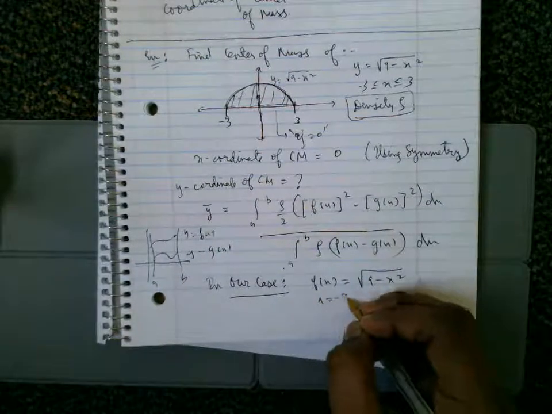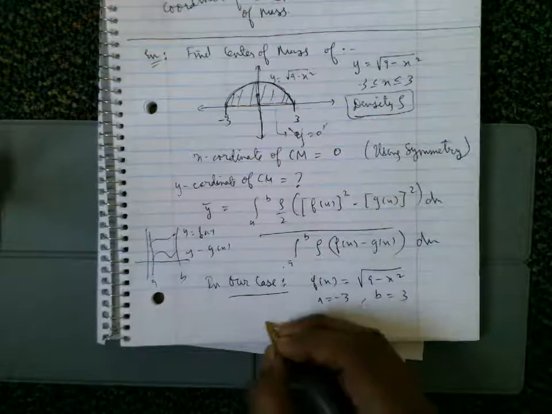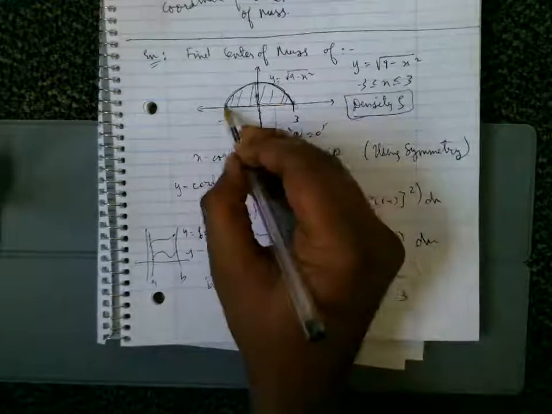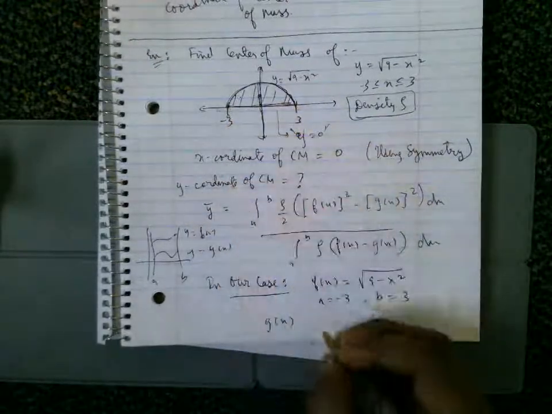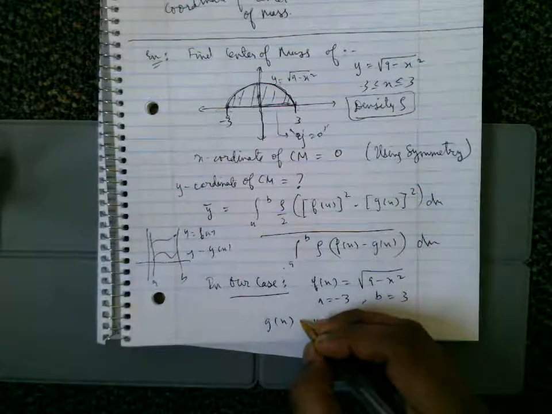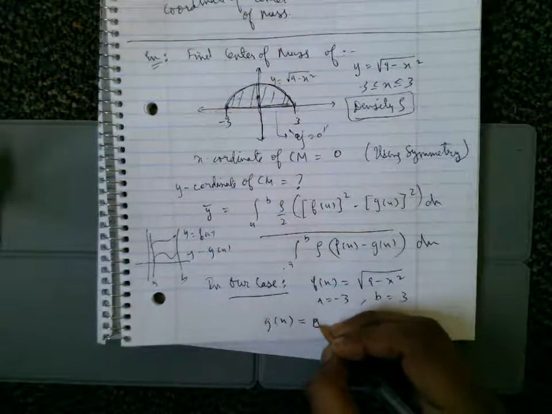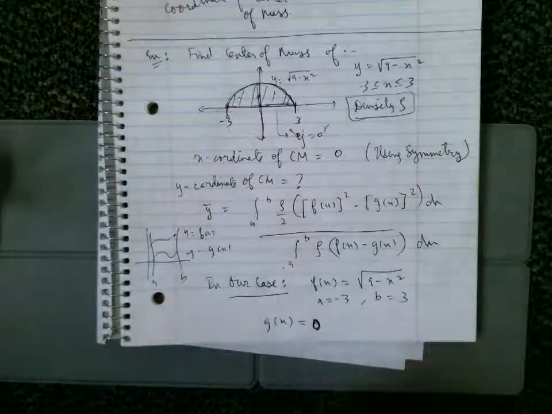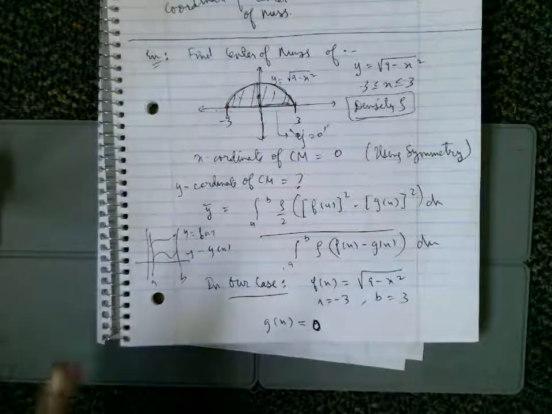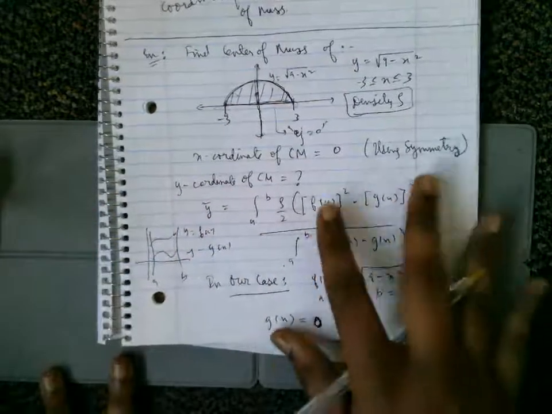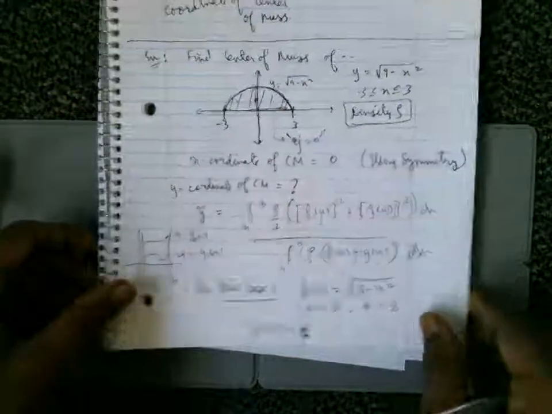And g of x is this line, y equal to 0, the x axis. So g of x is equal to 0. Now we want to substitute these values in this formula.